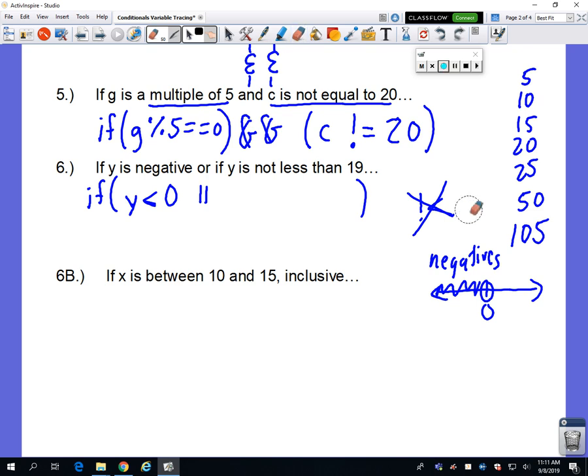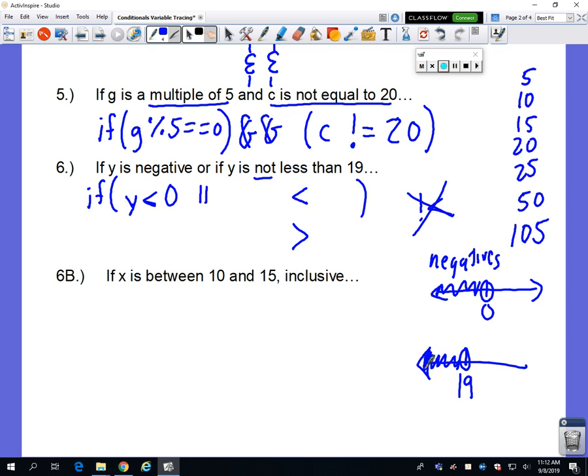Let me erase this little part here. So not just means the opposite of. So let's think about this. What is the opposite of less than? If you said greater than, you would be almost right. But remember, let's look at our little number line here. So we've got 19. The numbers less than 19 would be anything to the left of it.